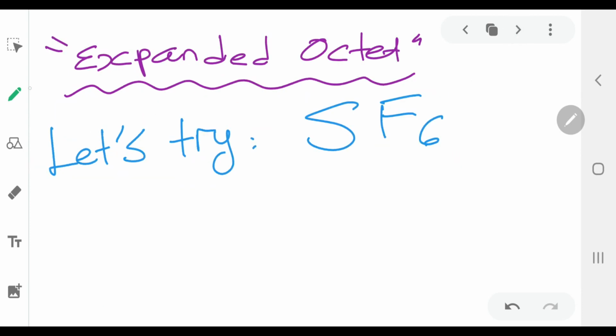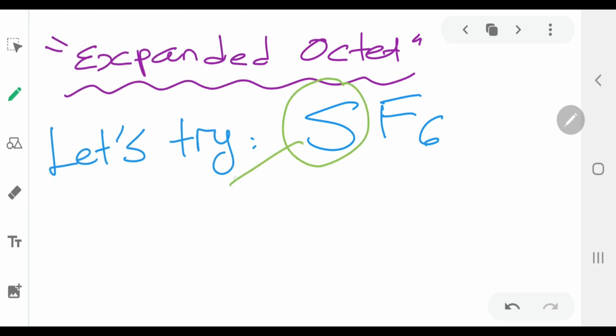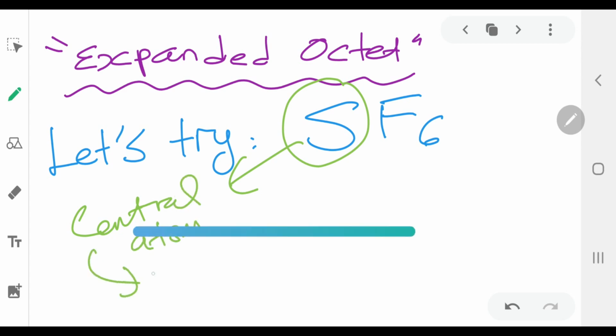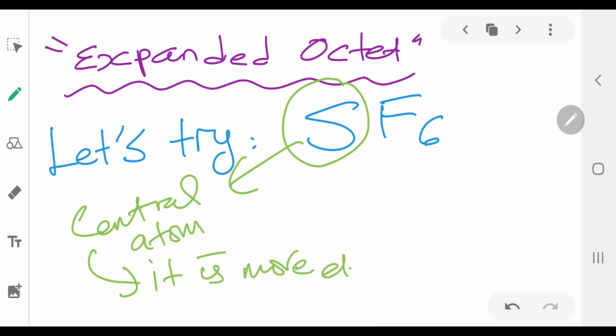Okay, so now let's have a look at the example for expanded octet species. Over here I have SF6, sulphur hexafluoride. Sulphur over here will be the central atom. Why? Because it is more electropositive than fluorine.